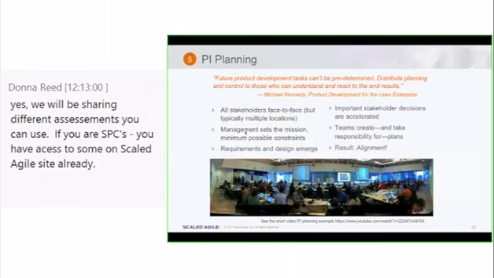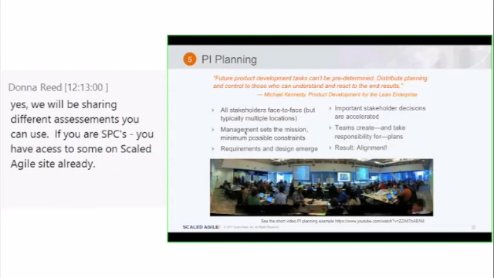Usually it's between 8 to 14 weeks. A lot of companies will standardize on 10 weeks or 12 weeks, but then they do this planning on a cadence. And it's really, really important to do this in a disciplined manner, because this is where the entire value stream gets organized around a common mission.